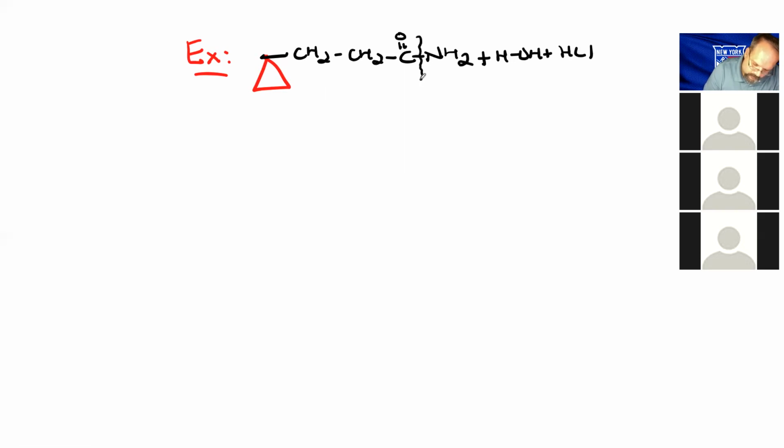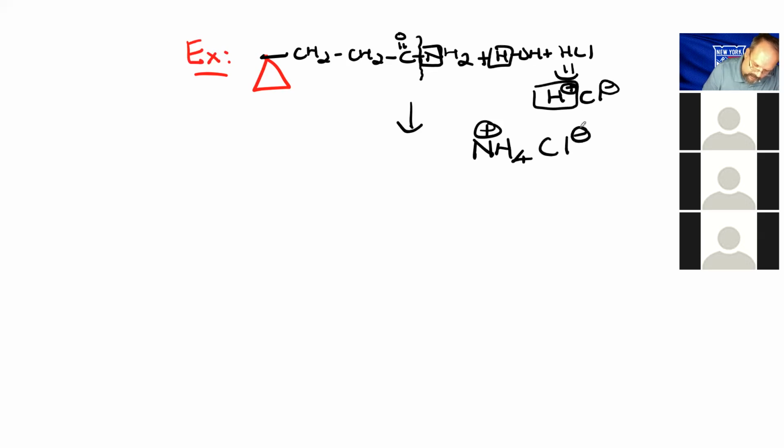It splits here. HCl is H plus and Cl minus. We talked about the NH4 with the positive charge. The nitrogen picks up hydrogen and hydrogen. Cl minus. All right. The C double bond O carbon picks up the OH from water.